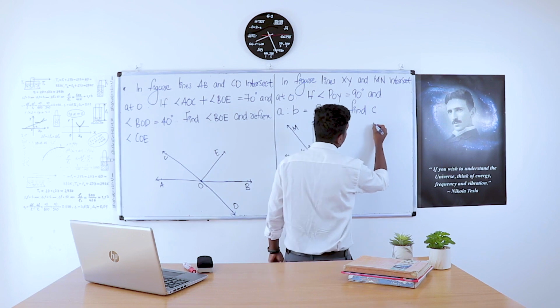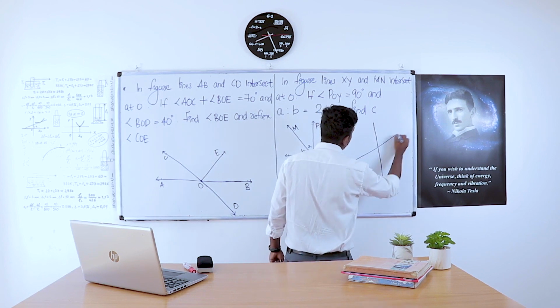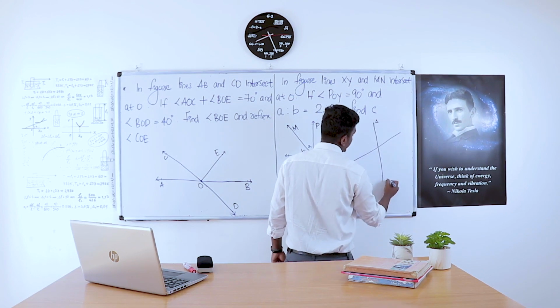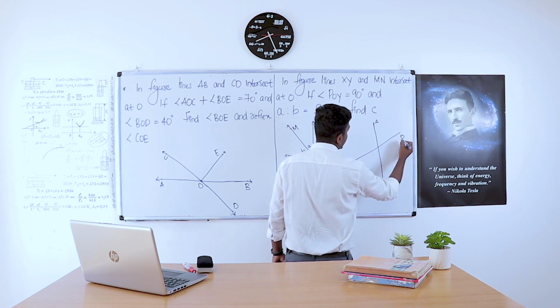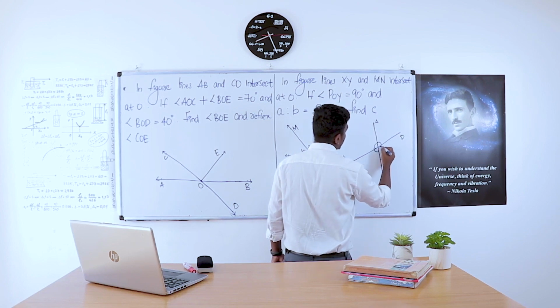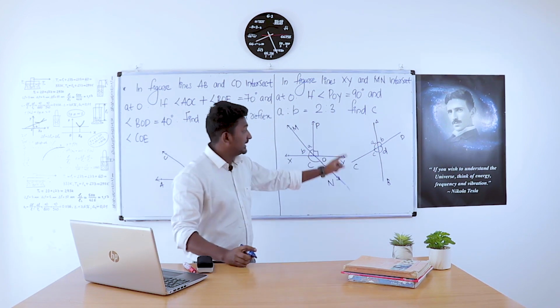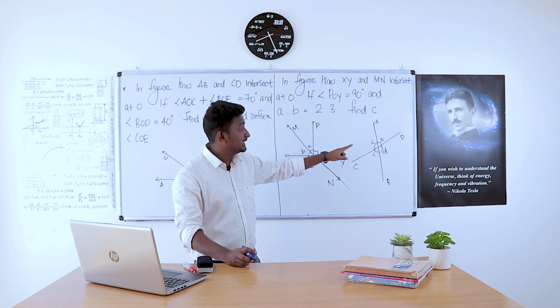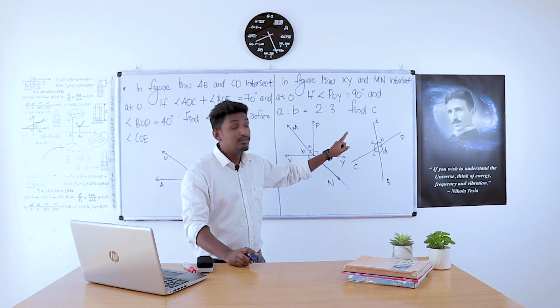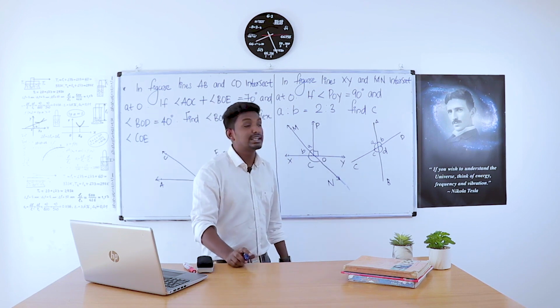If two line segments intersect each other, consider two line segments AB and CD. Here four angles are formed. I am representing them as small letters A, B, C and D. In these four angles, vertically opposite angles are equal.